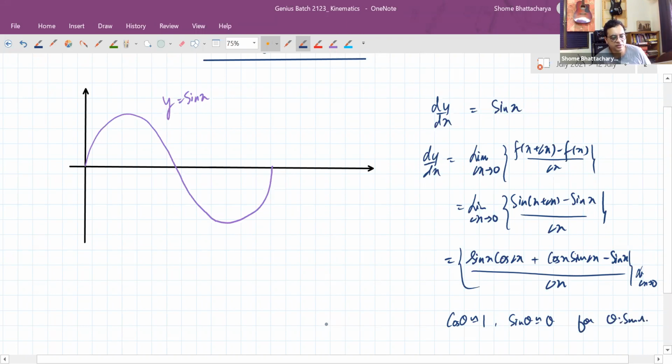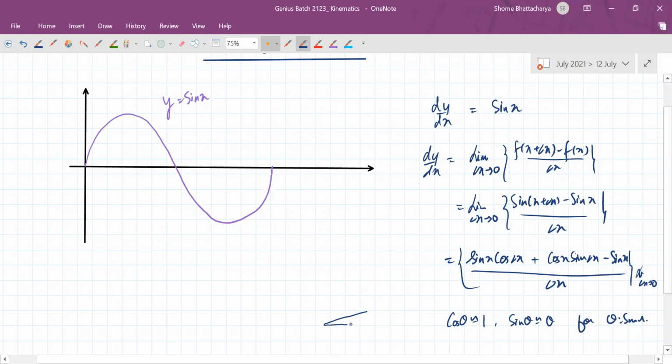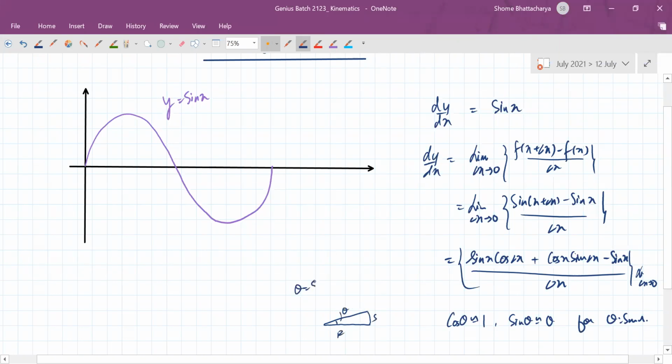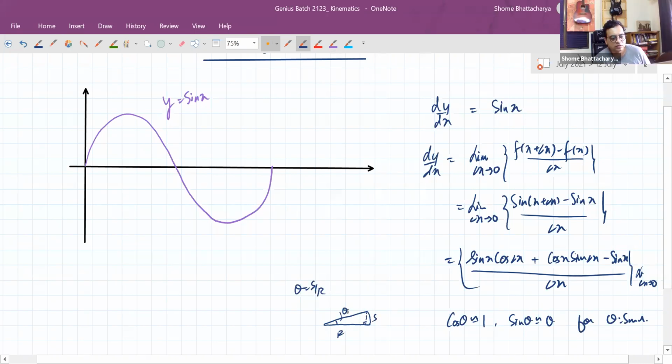Because this is the angle theta, so this is arc upon radius. And if you drop a perpendicular over here, then sine theta is perpendicular upon radius, because the radius is the hypotenuse.